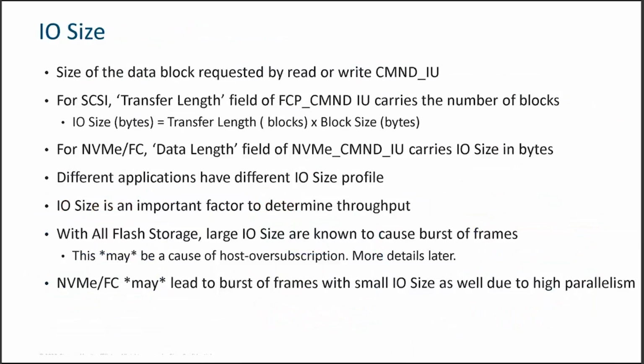Even though technically IO size is the transfer array length and block size, there's a difference in the way we report it, right? So we'll go into how exactly SAN Analytics reports these metrics, because right now we have been talking about very generic concepts that may or may not apply to SAN Analytics.